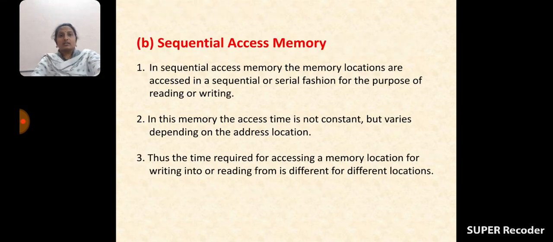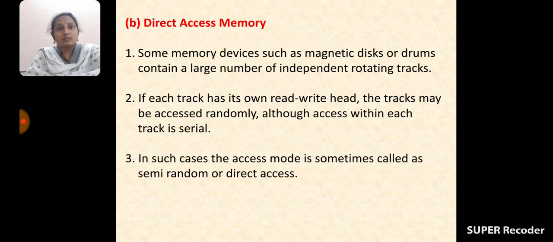Sequential means if a memory contains 10 locations, to access a particular location I have to touch other locations also. That is called sequential access memory. That means the locations are accessed in a particular sequence: after completion of the first location, we enter the second, and after the second, the third.